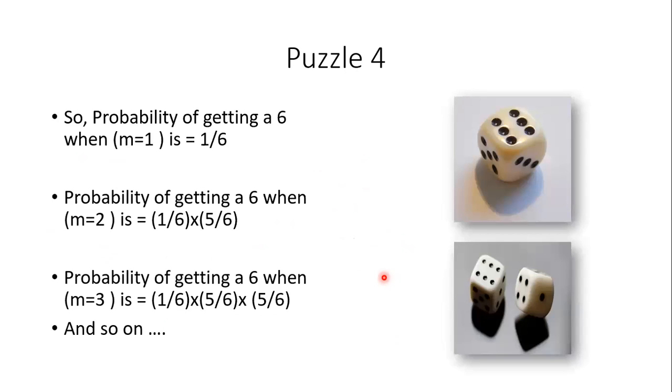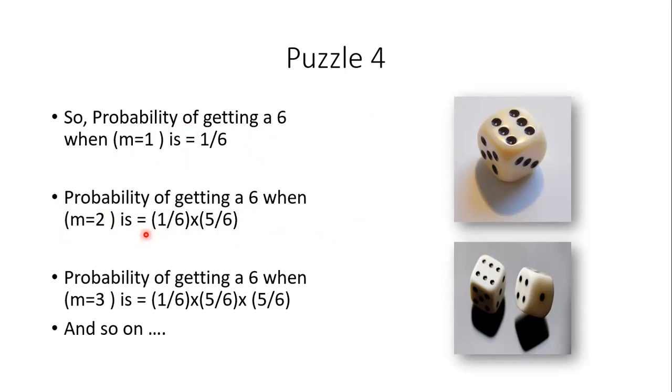As mentioned previously, when m is equal to 1, we have rolled the dice once, so the probability of getting a 6 is 1/6. Now if we roll the dice twice, the probability of getting a 6 when m is equal to 2 is 1 divided by 6 times 5 divided by 6.